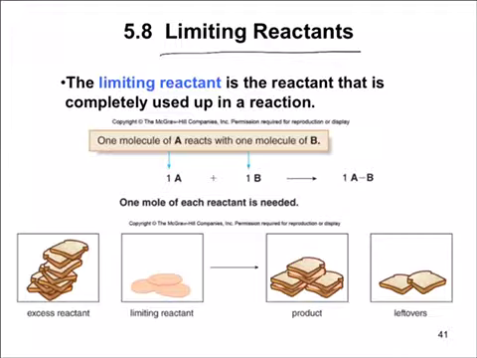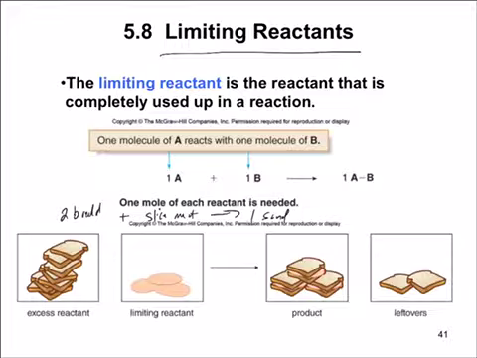So, an example would be if I want to make sandwiches. I know my recipe for sandwiches is 2 slices of bread plus 1 slice of meat equals 1 sandwich.